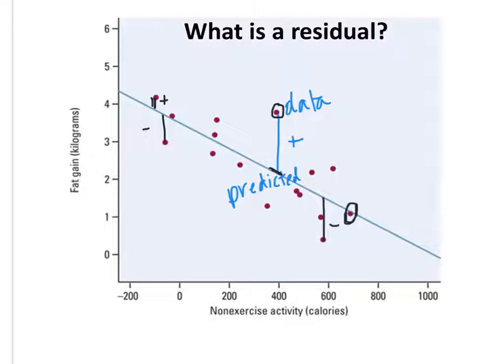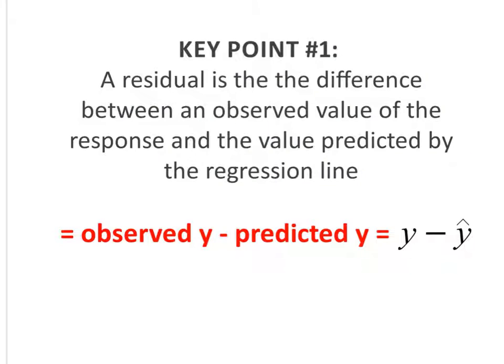So all a residual is, is the difference between the observed, or your data value, your data y, of the response, and the value predicted by the regression line. So it's what you actually see, your y, minus your y hat, or your prediction.